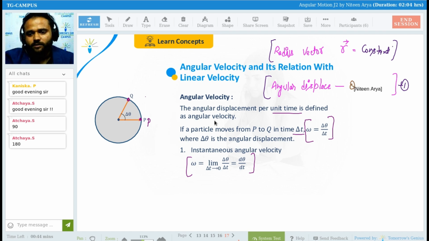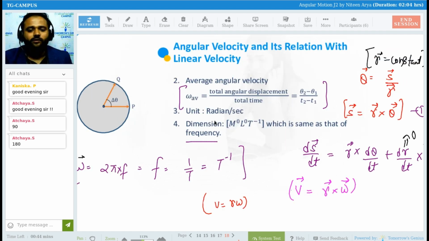Angular displacement theta is nothing but S over R. Clear? Clear now, beta? So from this and from this you can do this.